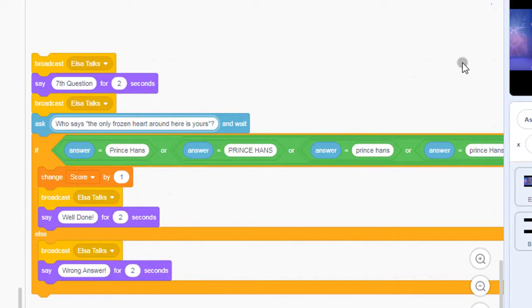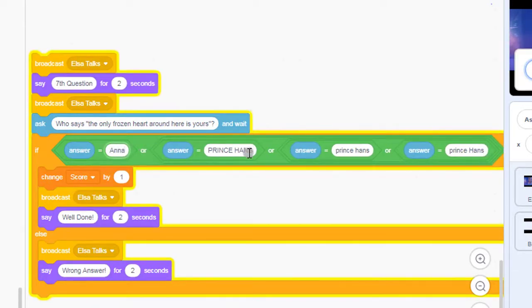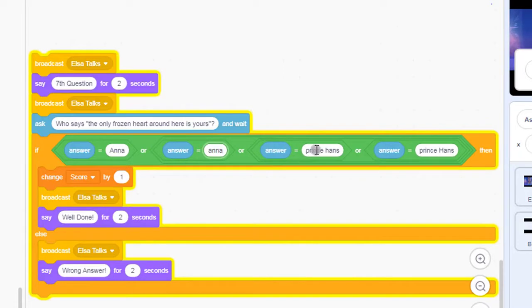Who says the only frozen heart around here is yours? And the answer is that Anna says that the only frozen heart is yours.